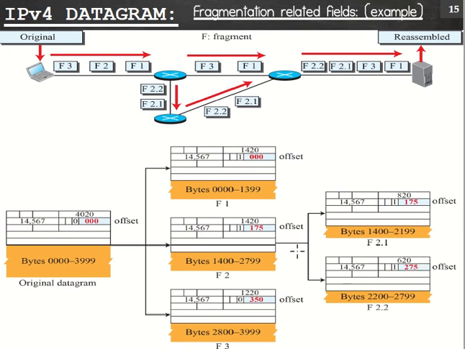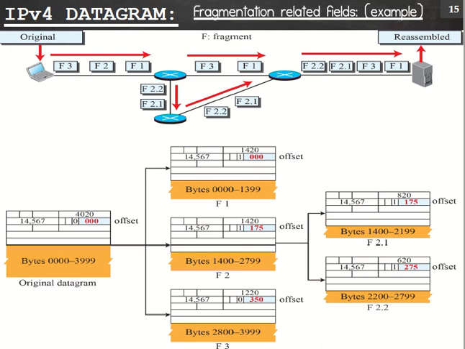Once the packet is fragmented again from the second fragment, the reference offset address will be the same for both, that is 175, 175 and 175. The only difference is this number, 820 and 620.